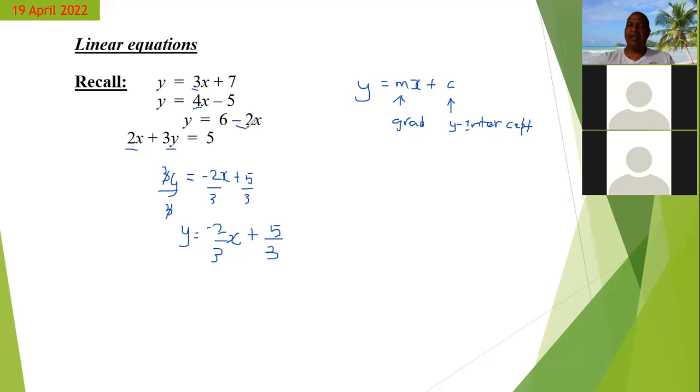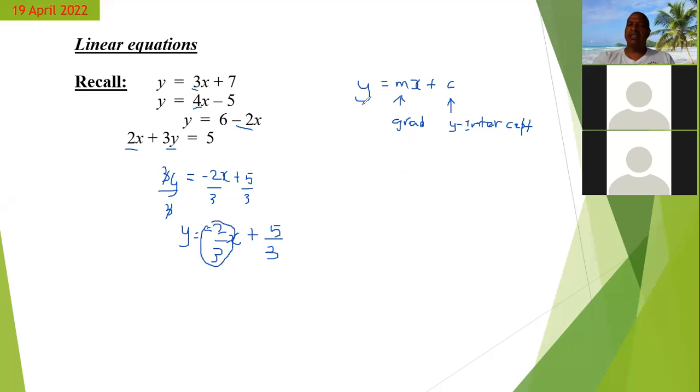In this case, the gradient is -2. So any number that is multiplying the x when y is by itself on the left side would be the gradient. For this one down here, the gradient would be -2 over 3. You follow? Yes, sir.